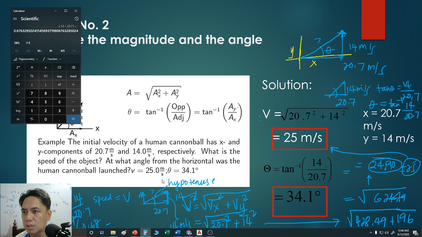So if we are going to have this, then we go to trigonometry, then second function, tangent, right? What is the answer? 34.07.